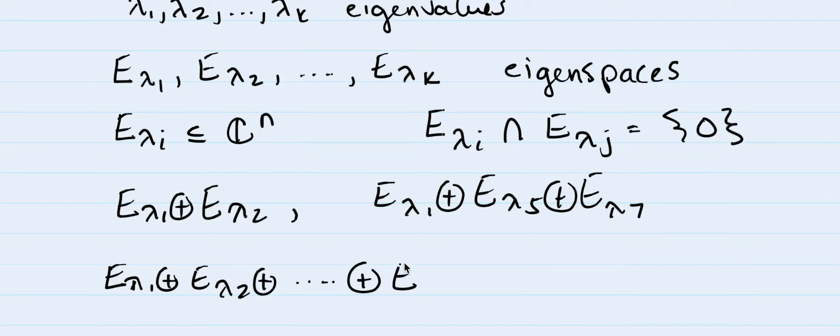My question is, this is going to be a subspace of Cn, because each one of them is a subspace, and their intersection is just the 0 vector, but when is this actually equal to Cn? Think about that for a second. When would the direct sum of all these eigenspaces be equal to Cn?